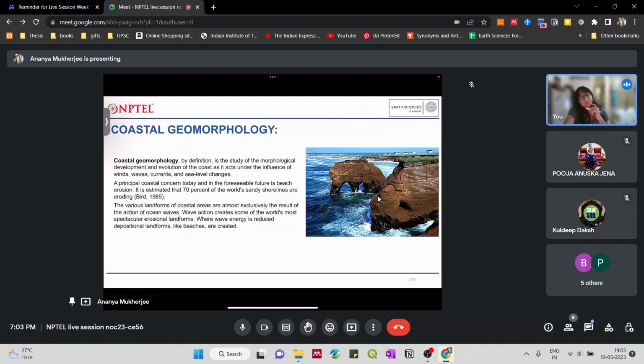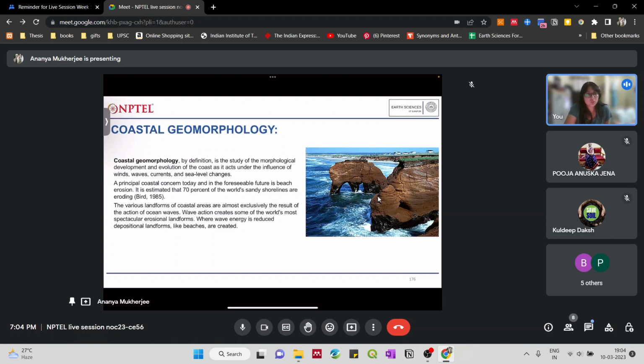Another thing is that coastal geomorphology is also affected by natural disasters like tsunamis. We will see some of the effects when a tsunami strikes a coast. As I said before, coastal landforms are mostly the result of the action of waves. Most of the landforms associated with coastal geomorphology would be erosional because wave action is much more prominent there.